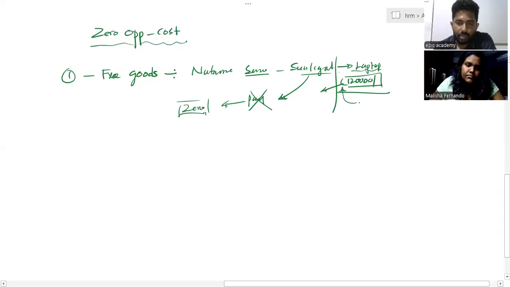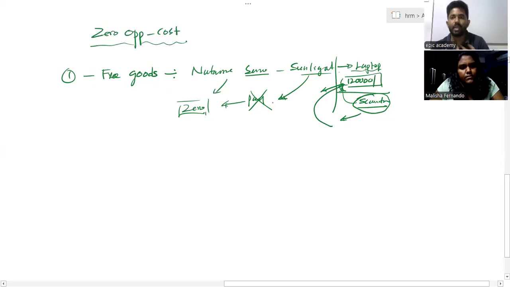As an example, you could have tried to finance a scooter. So the usage of a scooter has been sacrificed to purchase the laptop. So this is the opportunity cost you can identify. Opportunity cost becomes a positive value. But here, there is no sacrifice. So opportunity cost becomes 0 value. It is a special occasion.